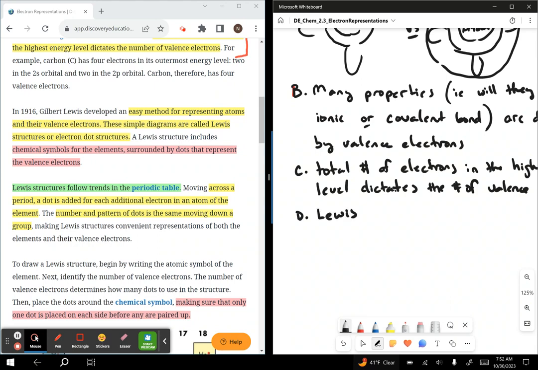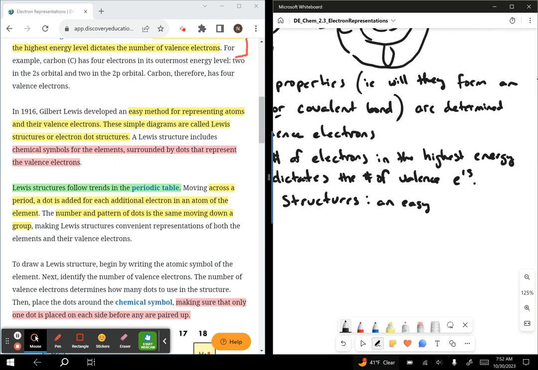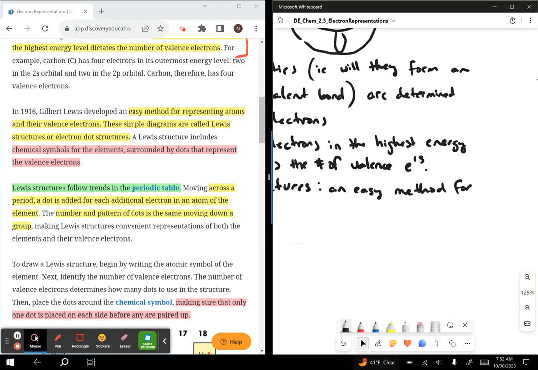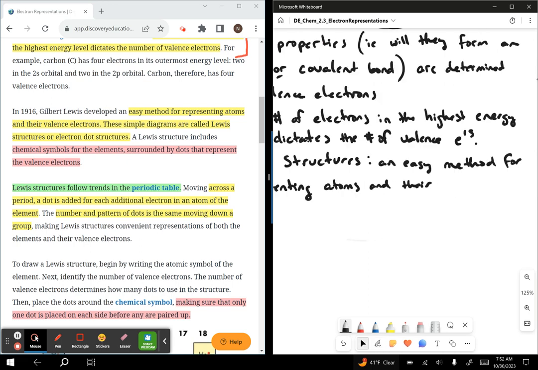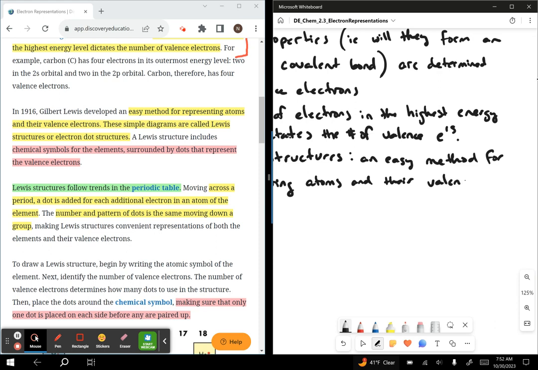Lewis structures. An easy method for representing atoms and their valence electrons.